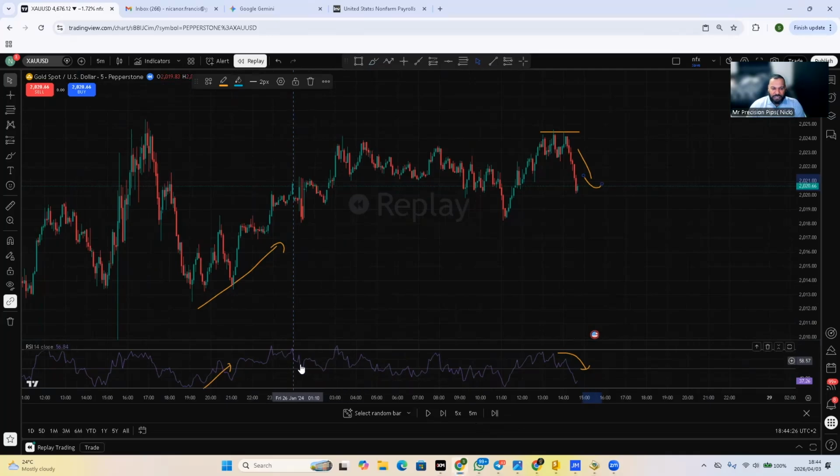The momentum was up because it is not coming below the 50 line. And every time price came to the 50, there was a continuation.